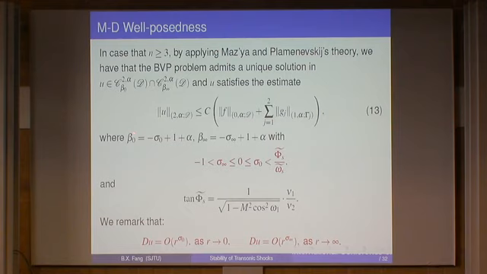So beta 0 and beta infinity are the weights here, and alpha is just the Holder index. So sigma 0 and sigma infinity are actually important.